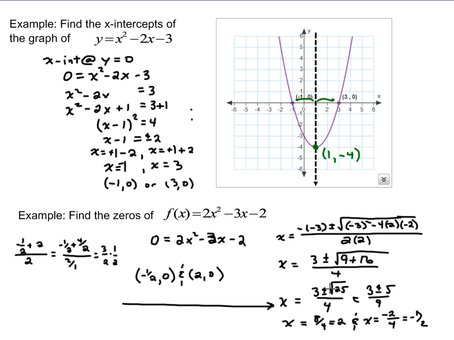And look at our parabola right here. Look at what we just did right here. We took x was equal to 3/4 plus or minus the square root of 25 over 4 in our formula. That is the location of the vertex.